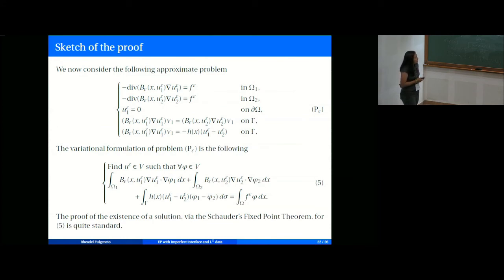And this has the variational formulation of this one. And the proof of existence of a solution of this problem is quite standard via Schauder's fixed point theorem, which was explained by Federica earlier. So we found a solution to this approximate problem.